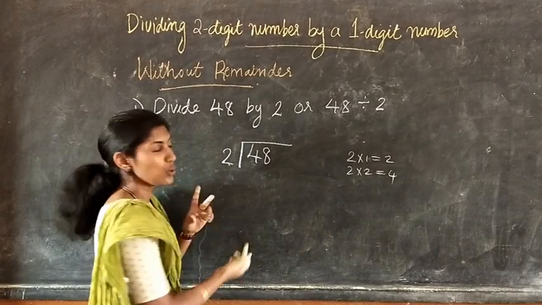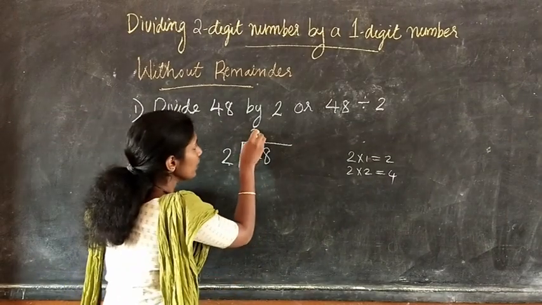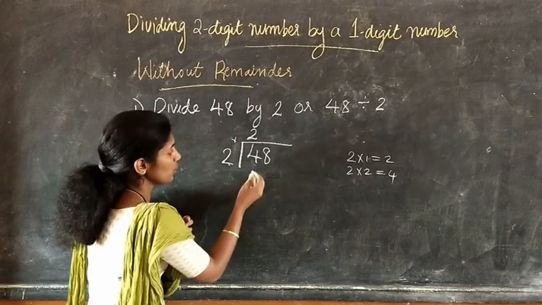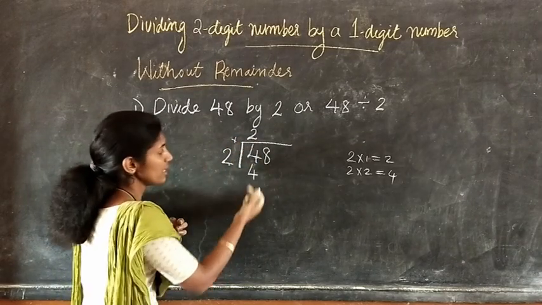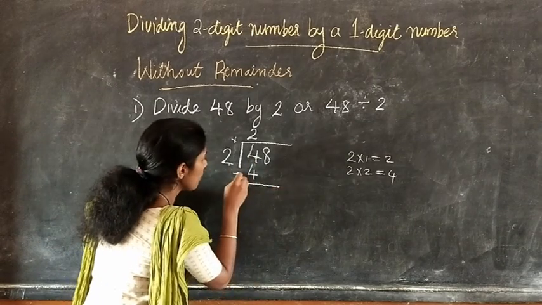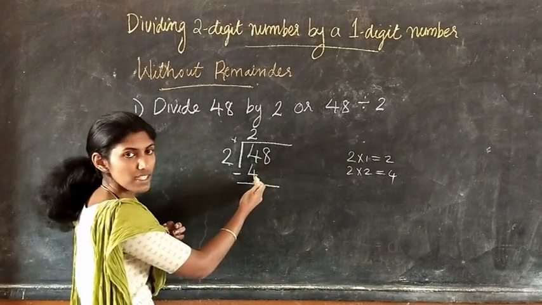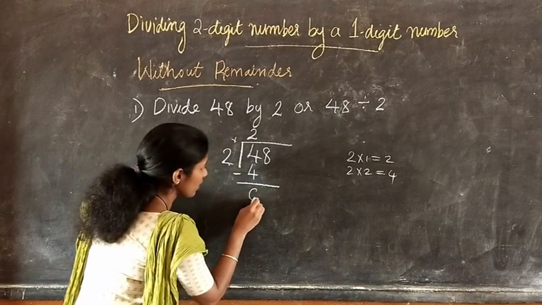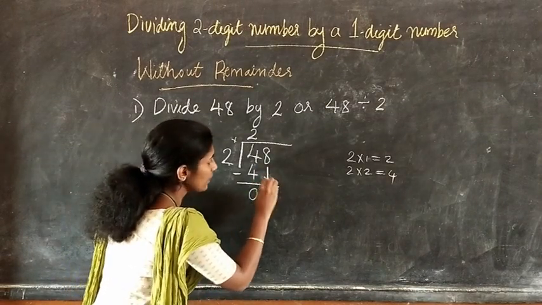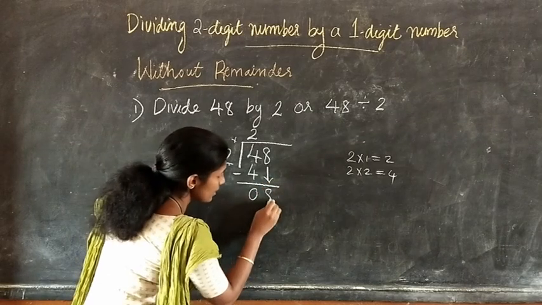That means 2 2s are 4. So write 2 here. Then we have to multiply this 2 into 2 and write 4 just below this 4. Then minus 4 minus 4, 0. Then we have to bring down the ones digit of the dividend to here, that is 8.